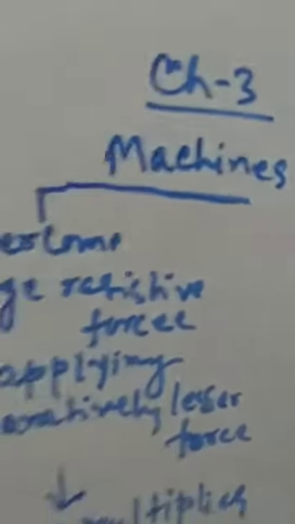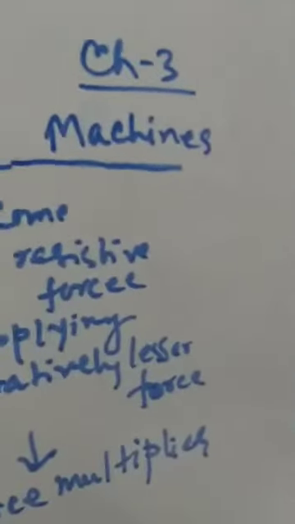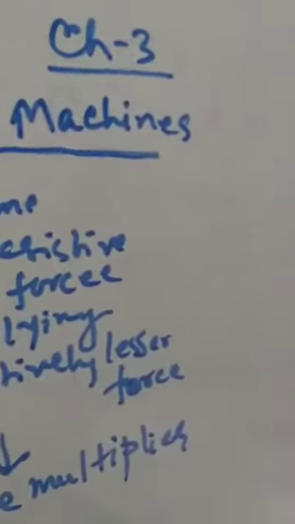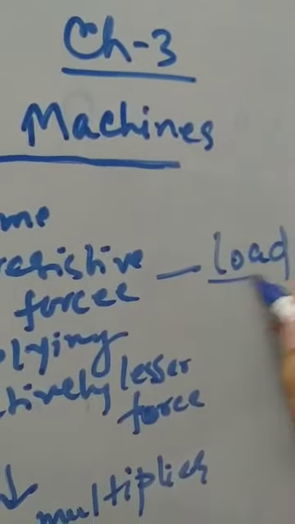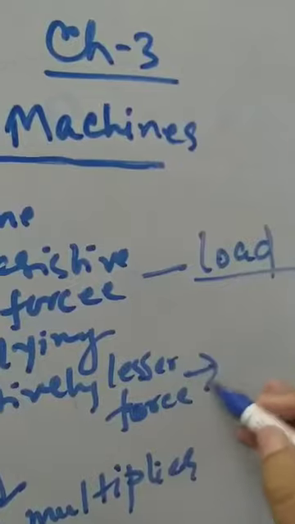Now a few terms which are related to the machine. First of all, the large resistive force which you are overcoming is called the load, and the force you apply to the machine is called the effort.